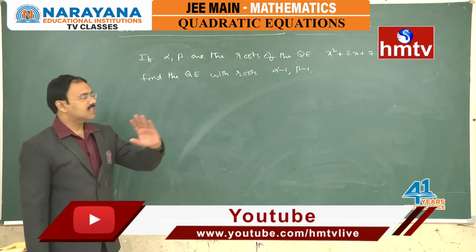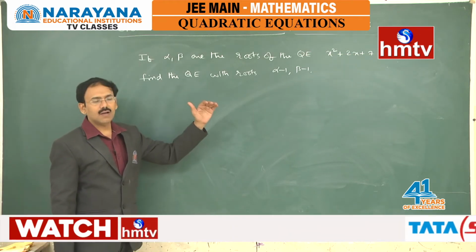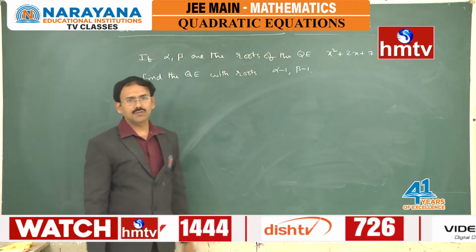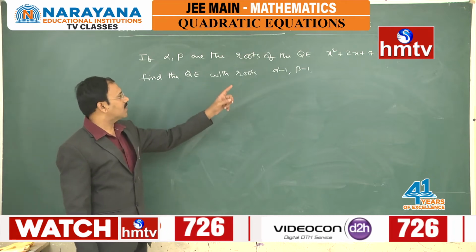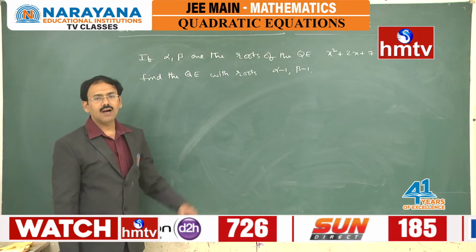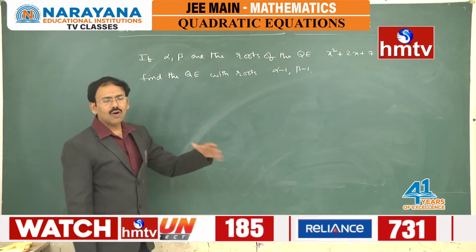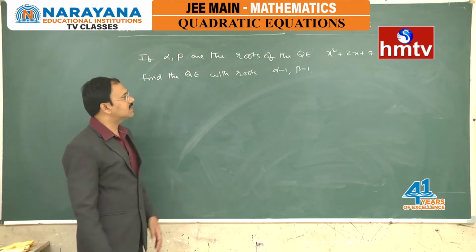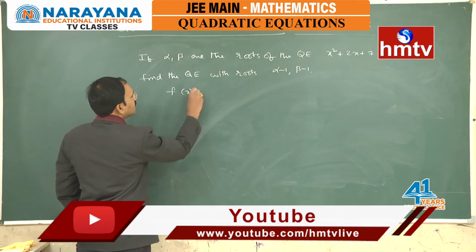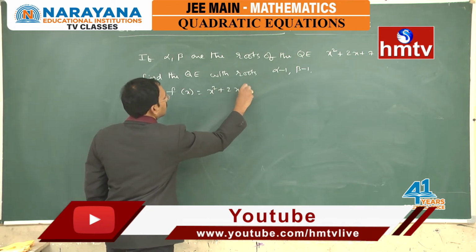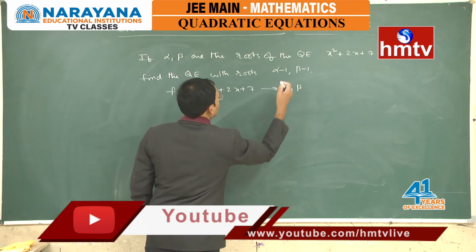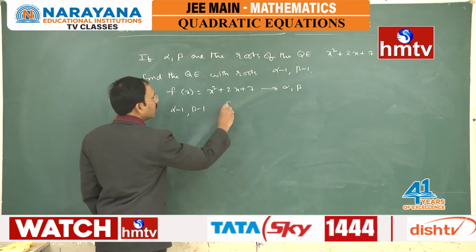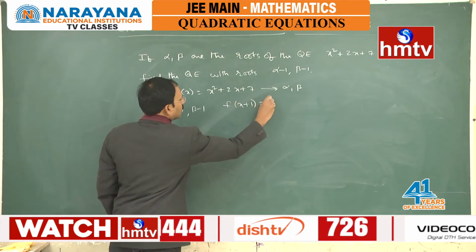Consider this problem: if alpha comma beta are the roots of the quadratic equation x square plus 2x plus 7 equal to 0, find the quadratic equation with roots alpha minus 1 and beta minus 1. So, without finding the roots, without observing alpha plus beta, alpha beta, we can directly say that if f of x is x square plus 2x plus 7 with roots alpha comma beta, the equation with roots alpha minus 1, beta minus 1 is going to be f of x plus 1 equal to 0.